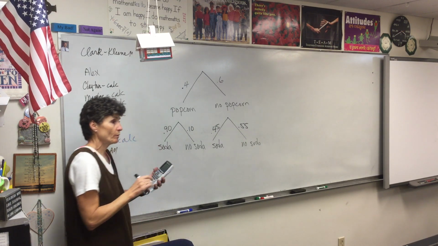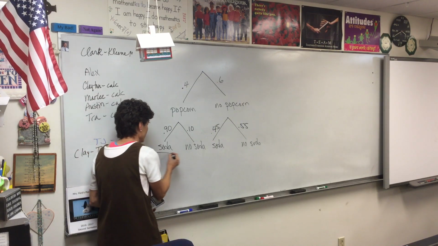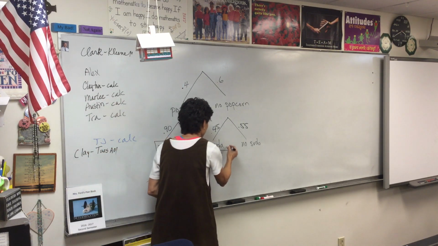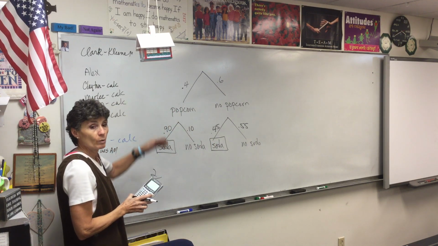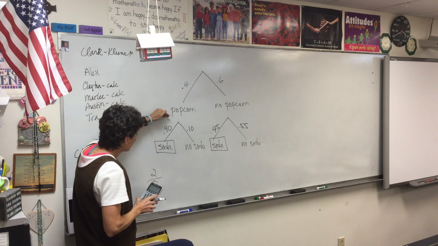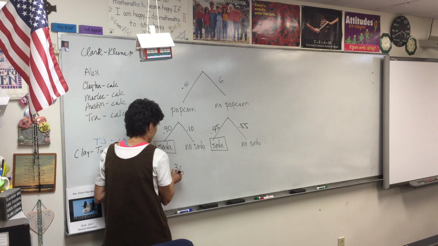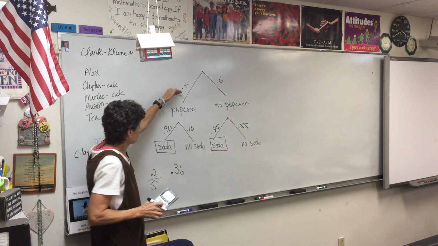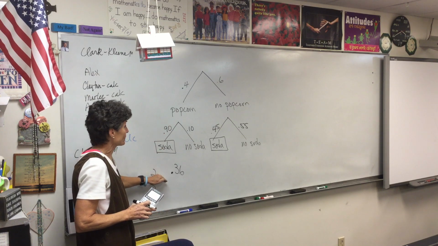All right, who remembers what we need to do? We want the probability of serving soda. So we want this probability right here. We want soda. So we multiply popcorn and soda. So that would be 0.36. Right there. Popcorn and soda is 0.36.